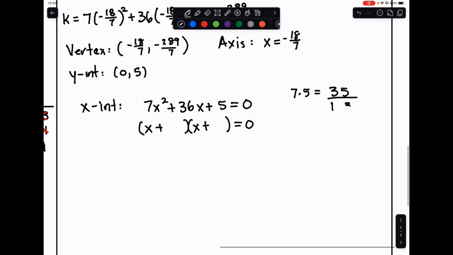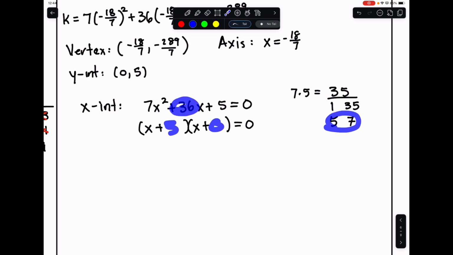So 1 and 35, 5 and 7. 5 and 7 do not work because we still need these numbers, when I plug them in here, to give me this number right here in the middle. So 5 and 7 doesn't work, but 35 and 1 do work.